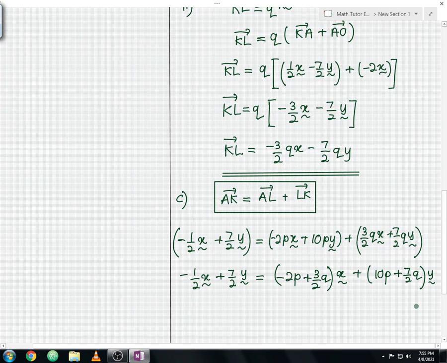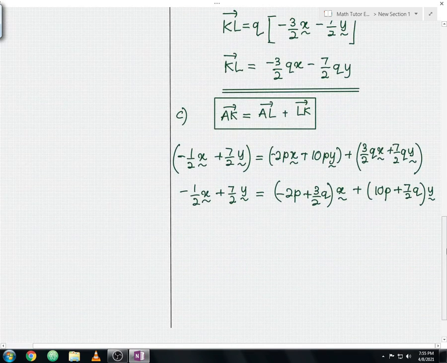Now what we're going to do is compare in terms of component x and component y respectively. So let us continue and compare component x and component y.